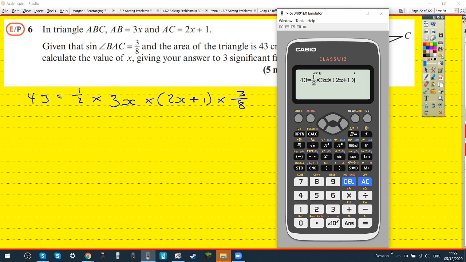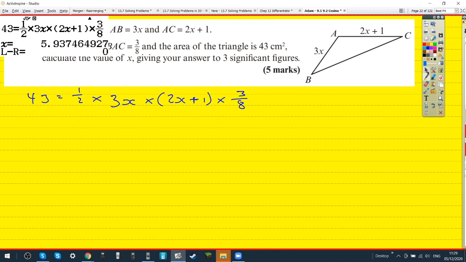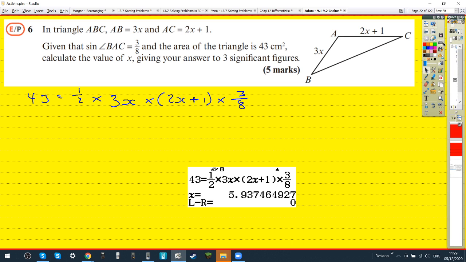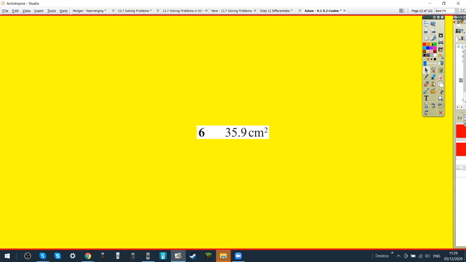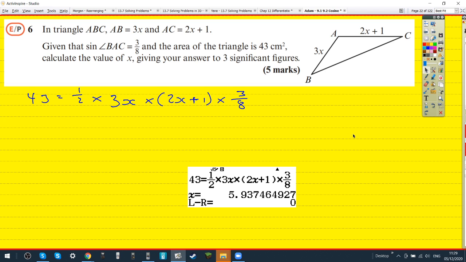I got x is 5.93 or 94. 5.94 to 3 sig fig. 35.9. Why is that? Did we do something wrong? You got same as me, did you? Yeah, I got 5.94.